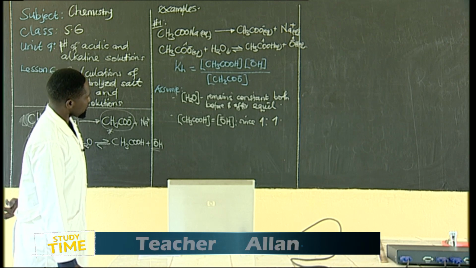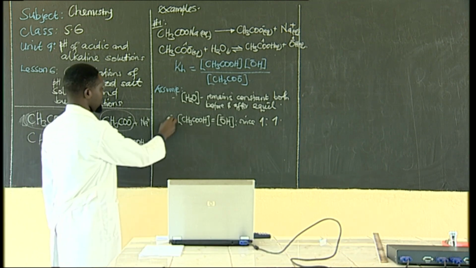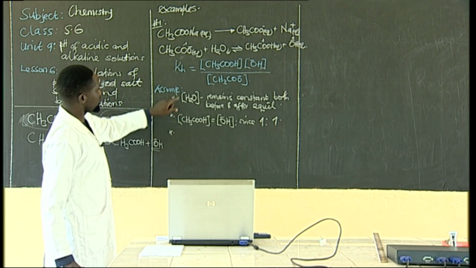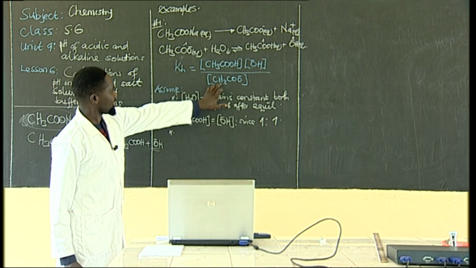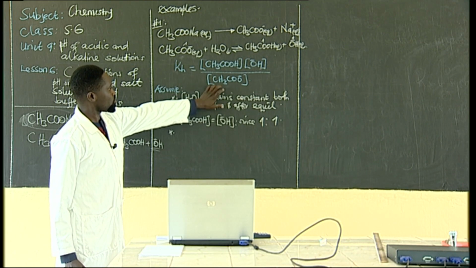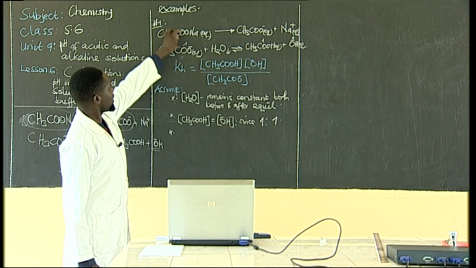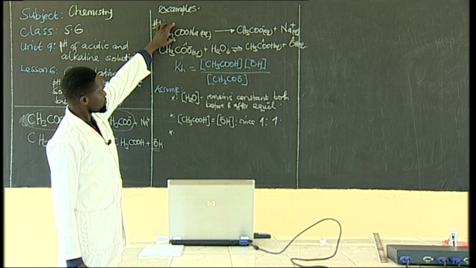Then another aspect we have to look at is what I would call assumption 3. How do we get the concentration of the ethanoate ions? We look at our first equation.